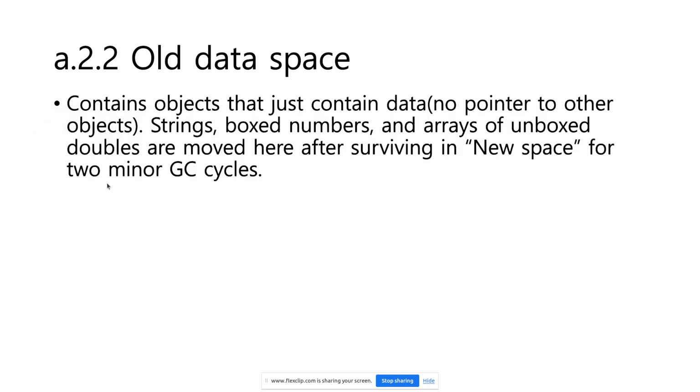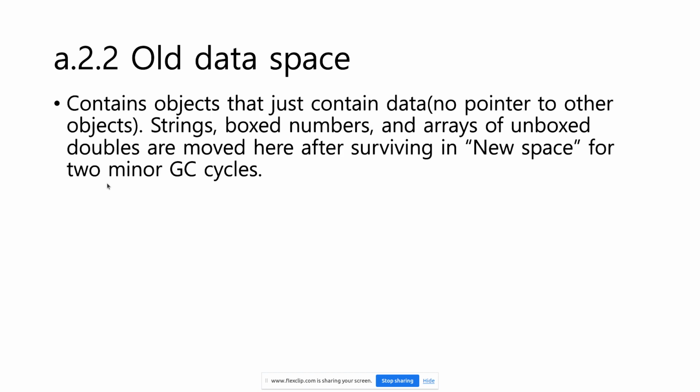Next is Old data space. This is kind of hard, but let me try to explain. It contains objects that just contain data, with no pointing to others. Strings, boxed numbers, and arrays of unboxed doubles are moved here after surviving in new space for two minor GC cycles. This is hard to understand because you have to understand what boxed numbers and unboxed numbers are.